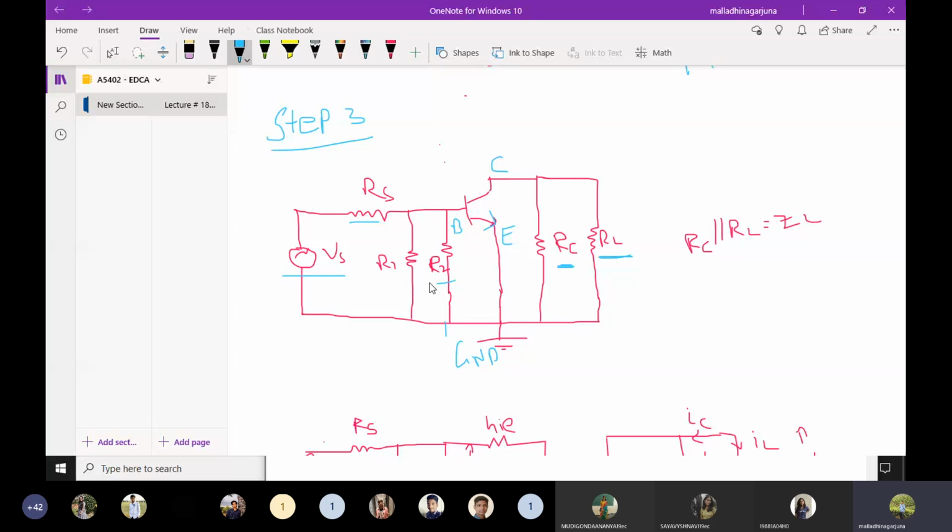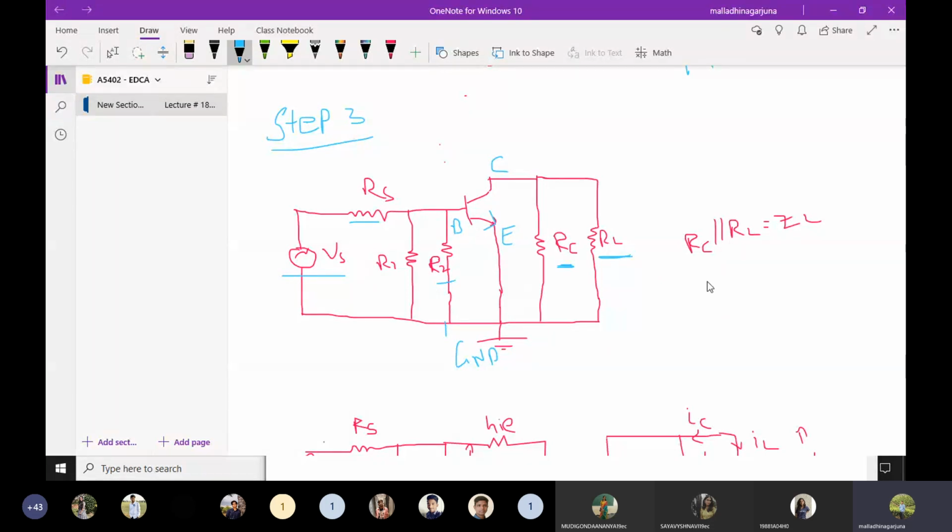Because we are replacing the VCC signal with a ground connection. We are connecting all DC sources to ground, so the input resistors R1 and R2 come in parallel, and the output resistors RC and RL come in parallel.